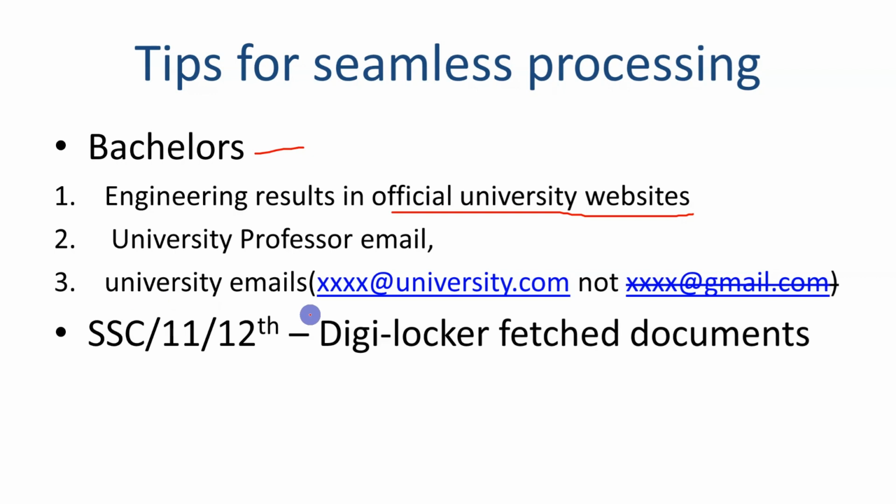For students, there will be university emails allocated by the administration of the universities. Most probably, the domain names will be of the university name. So don't provide Gmails as university emails. If you don't have any, ignore it, but don't provide your personal Gmails in place of university emails.